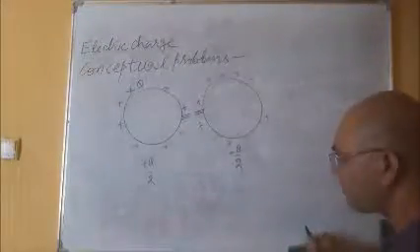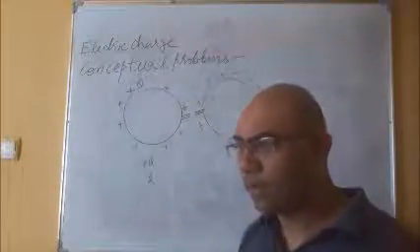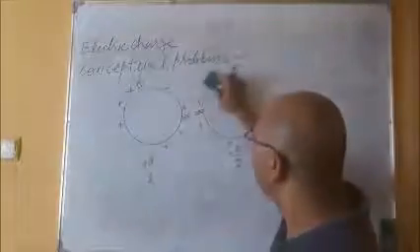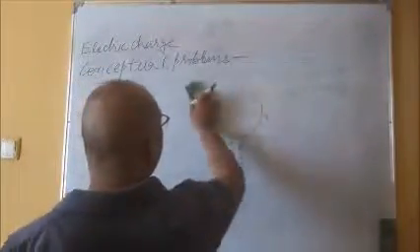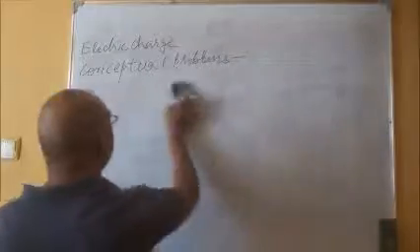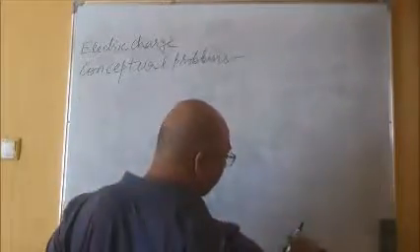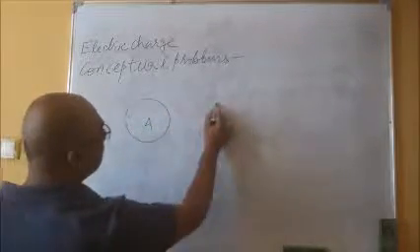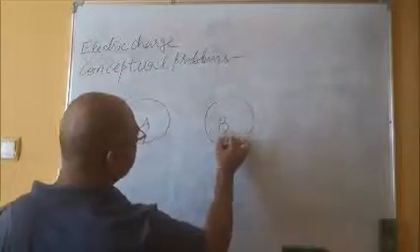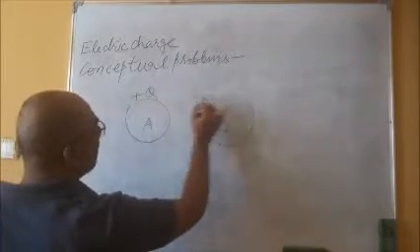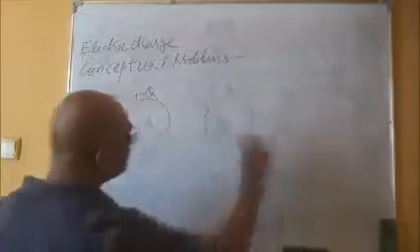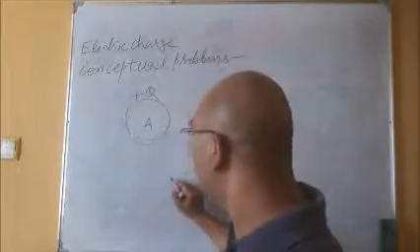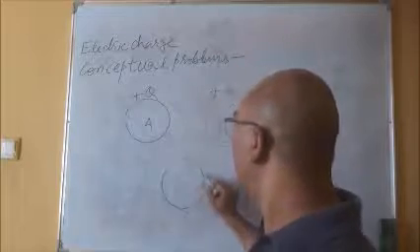Now let me explain with another example. Suppose we have sphere A with plus Q charge, sphere B with plus Q charge, and another sphere C with plus Q charge.